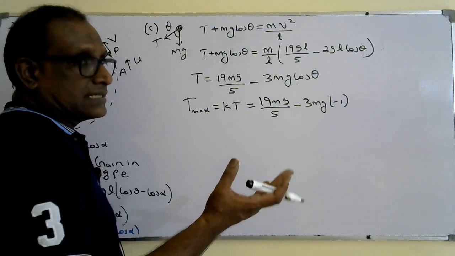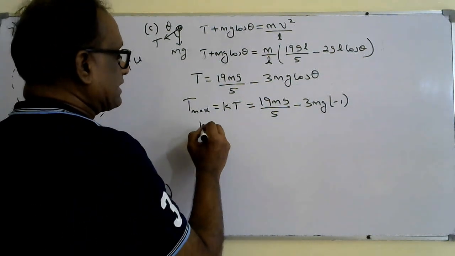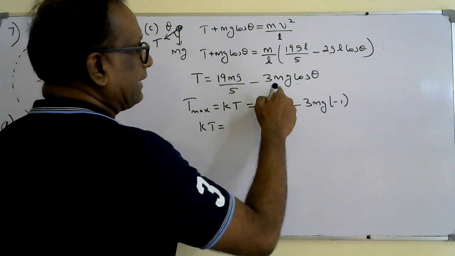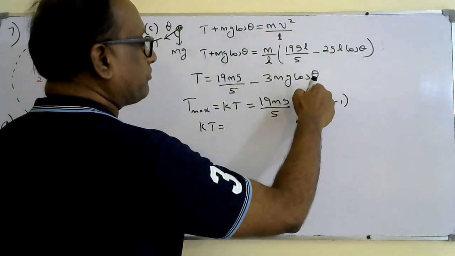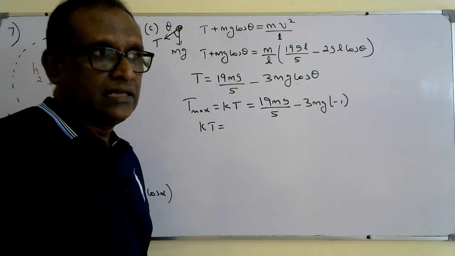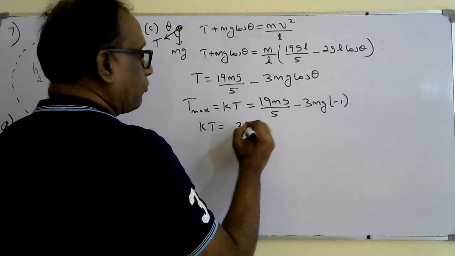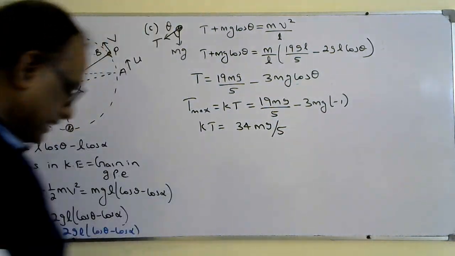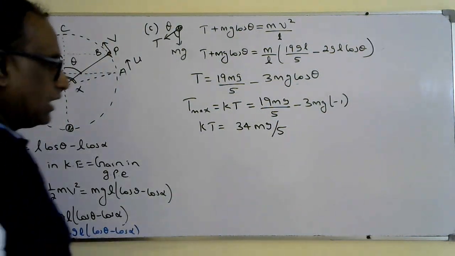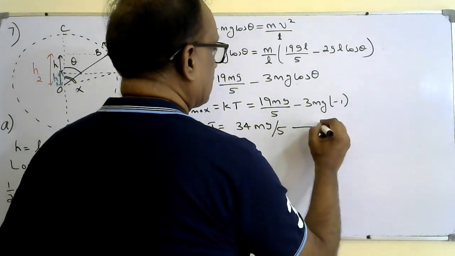Anyway, they are not asking the position. So KT is equal to 19 mg over 5 plus 3 mg, so that is 15 plus 19, that is 34 mg over 5. That is equation 1.